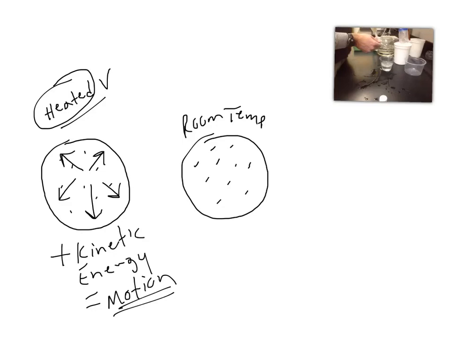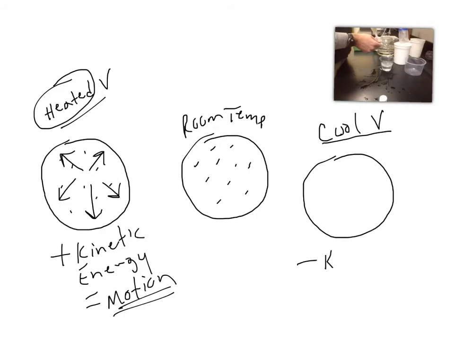So at the other end of the spectrum, if we have the same volume and we cool the volume, we have the same 10 particles. What happens when you cool? You remove, minus, you take away kinetic energy.